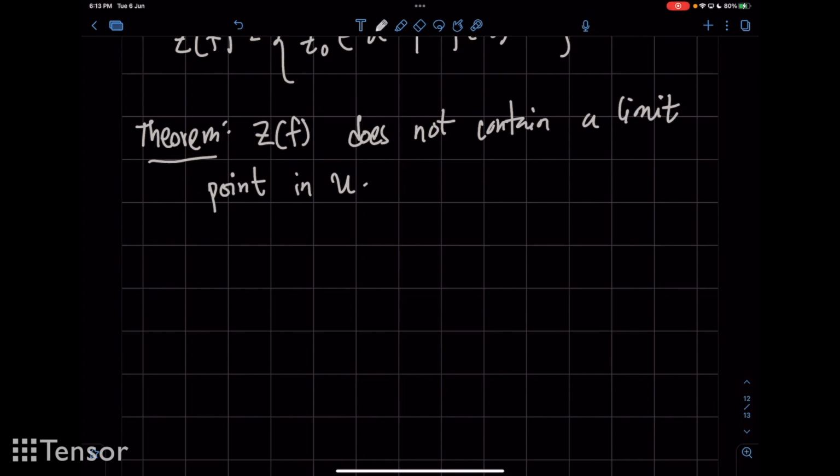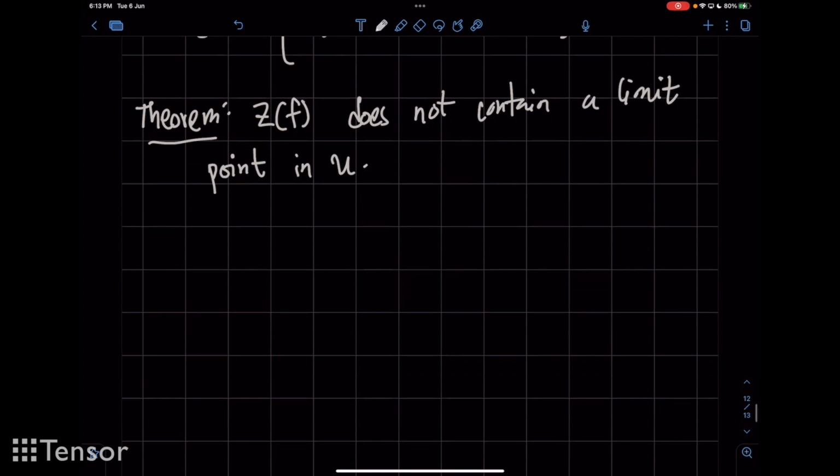We need to use this theorem a lot in the near future, so I guess it's good practice to see how the proof goes. Let's say we form a sequence Zn, and all of the Zn are zeros of f.